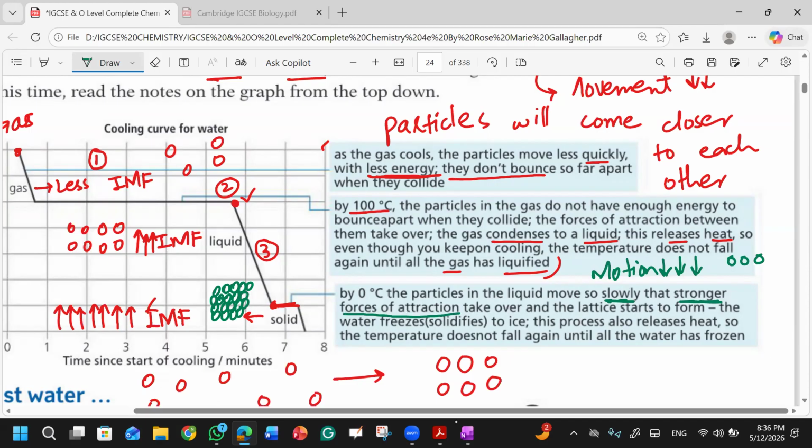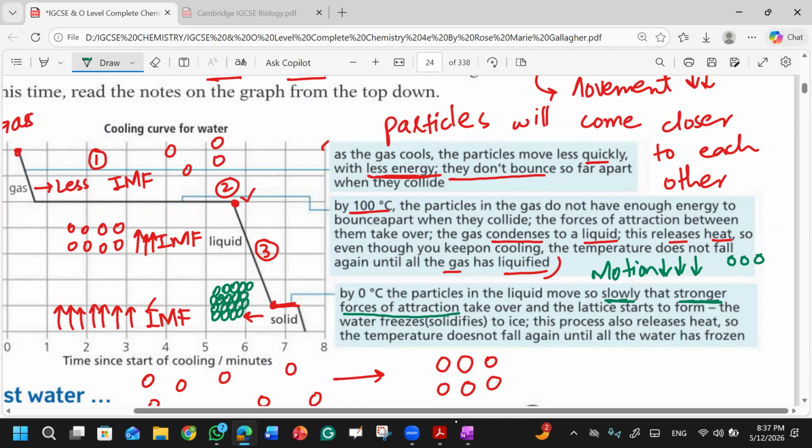You can say stronger intermolecular forces, or you can say stronger forces of attraction. Both are the same thing, just two different terminologies. You can say that their intermolecular forces will increase, or that there will be stronger forces of attraction in the liquid when you are further cooling it down.